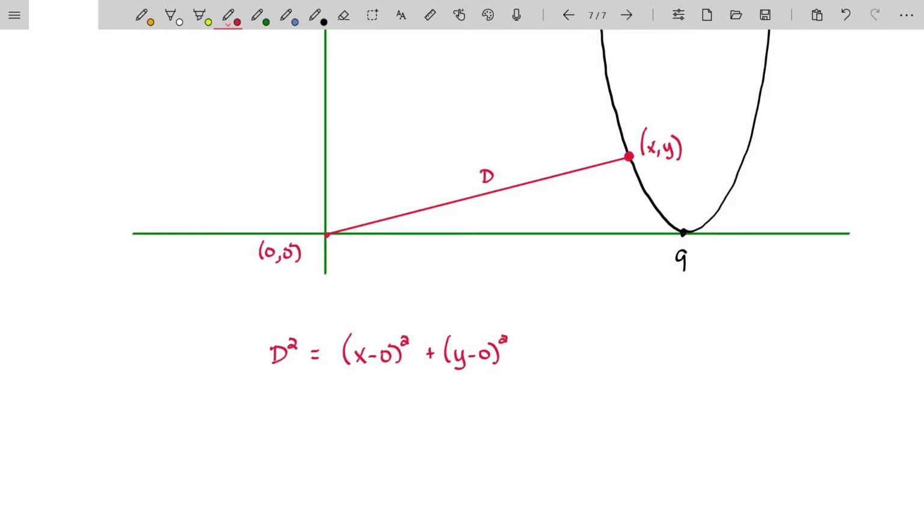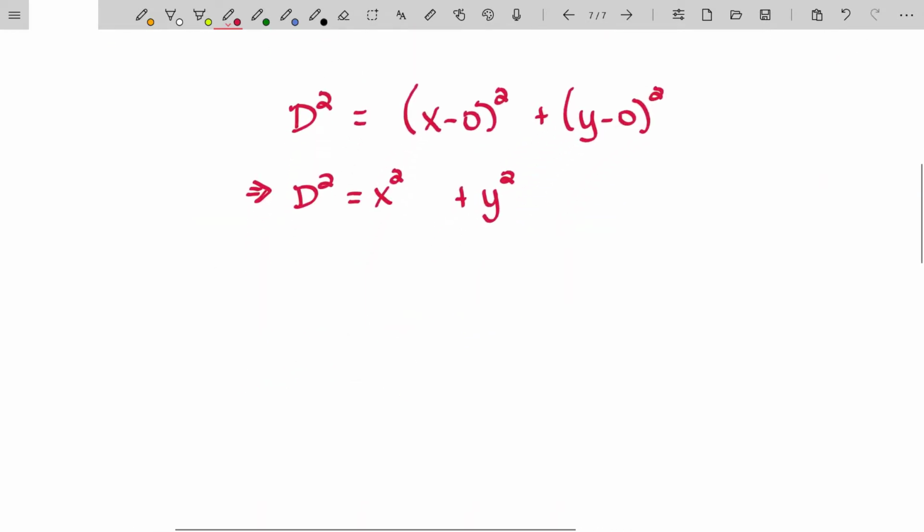And we can go ahead and take the derivative of both sides. Let me actually just write this as d squared is equal to x squared plus y squared so that we have this. But the problem is that for this to be an optimization problem, you do not want this many variables in here. So I'd like to relate out one of the variables. We only want 2 variables in an equation, not 3.